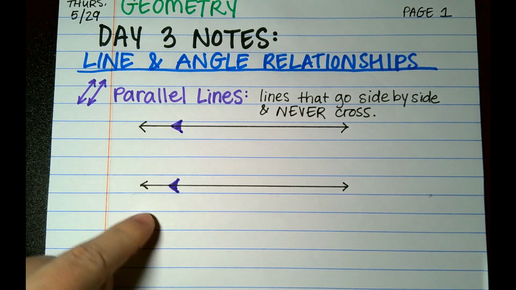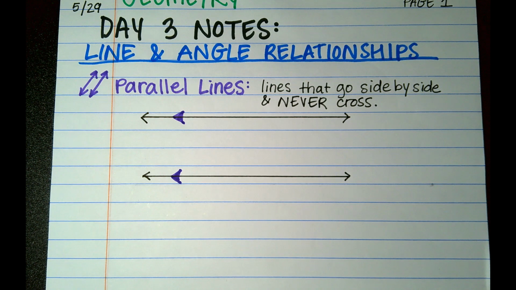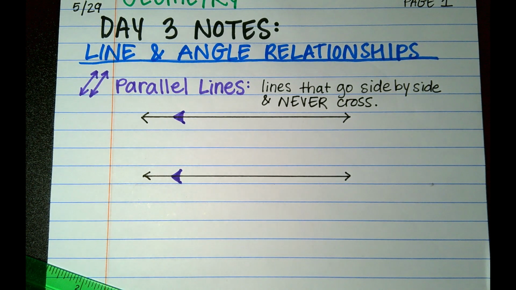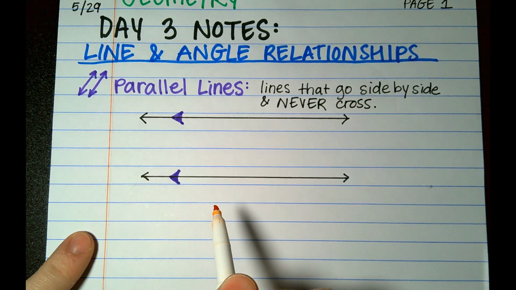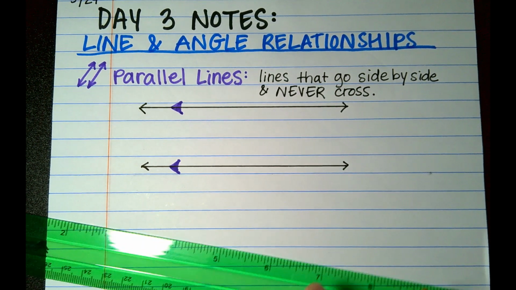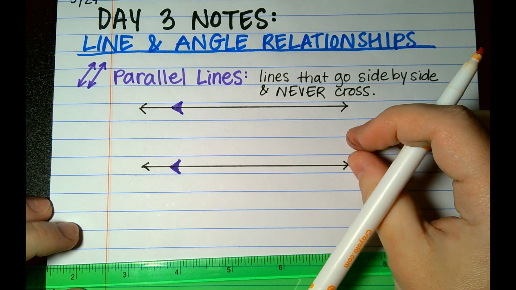This means that the lines are parallel and never cross each other. They go on forever and never touch. I wish I hadn't drawn those so far away. Kind of a waste of space.